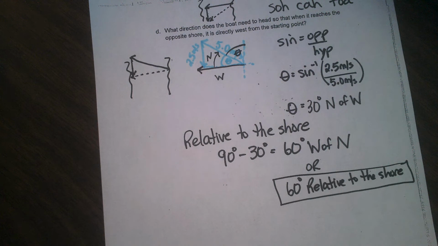What direction does the boat need to head so that when it reaches the opposite shore, it is directly west from the starting point? Well, if I said go 30 degrees north of west, that means that you've got no point of reference. If you were a seafarer, you would have no point of reference. But if I said go 60 degrees relative to the shore, you would know to go out that way.